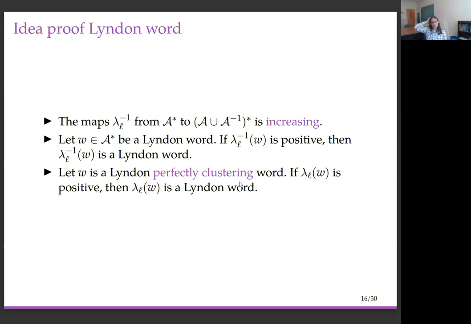One way to see why this happens is that there is no symmetry in the lexicographical order. It's really dependent on the order on the alphabet. So this is kind of a special property that on perfectly clustering words, there is a symmetry that helps to preserve the smallest word in the conjugacy class.